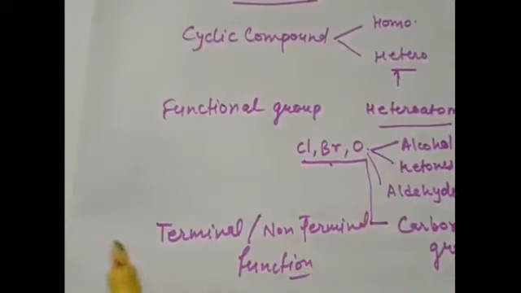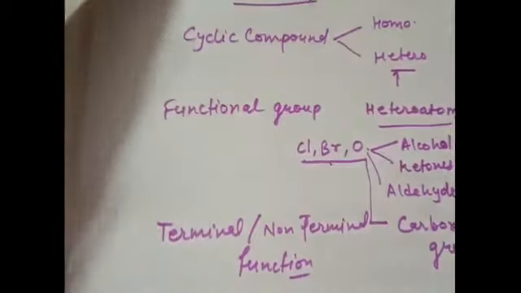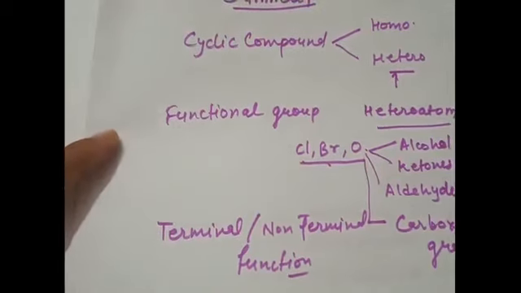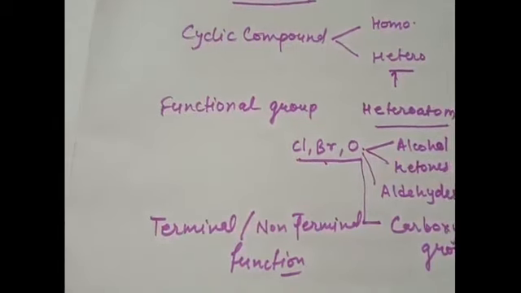Terminal alcohol and aldehyde both are called terminal functional groups, and non-terminal are ketone groups. And some of the functional groups can be attached either in the middle or at the end of the carbon chain or a ring. So this was all about today's lecture.